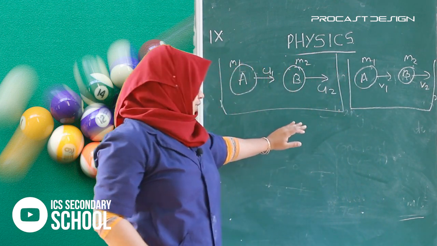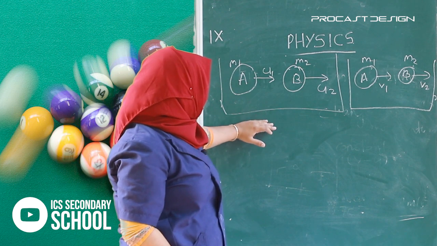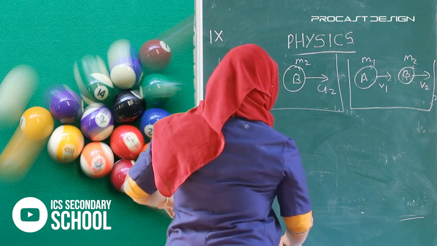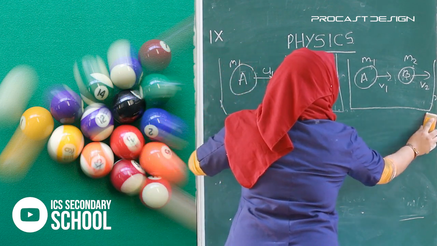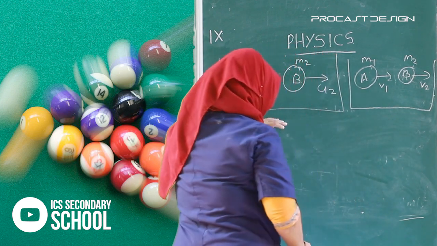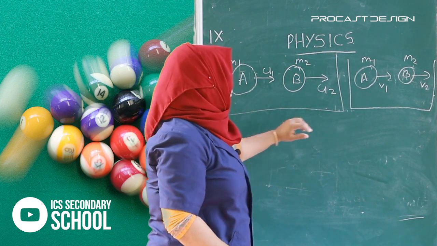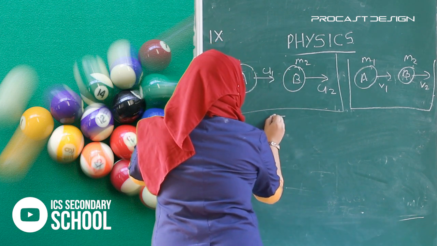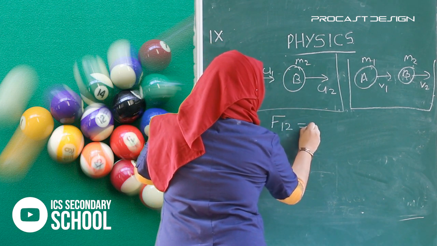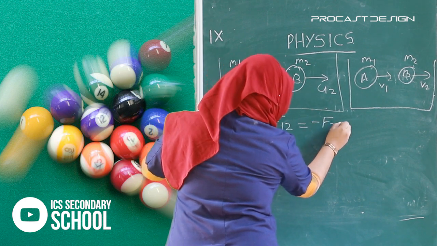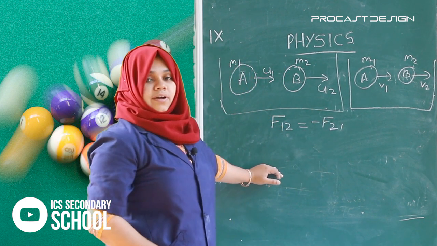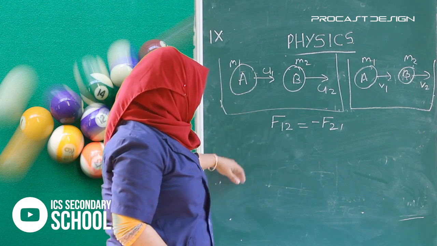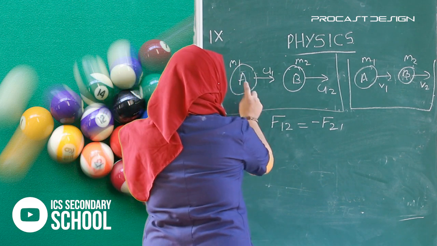Then what is the total momentum? We want to find out the total momentum, before collision and after collision. According to Newton's third law, F12 is equal to minus F21. What is the total momentum before collision?